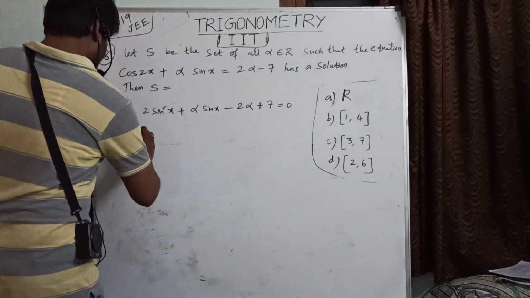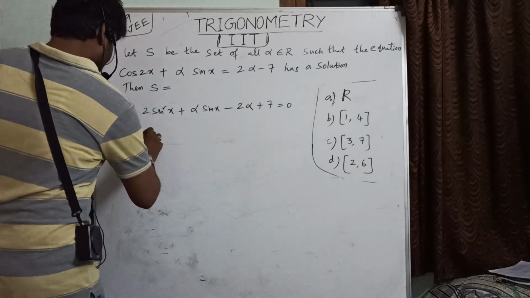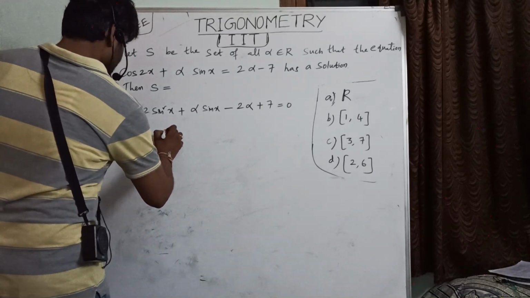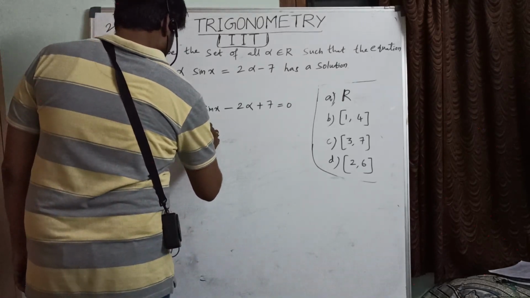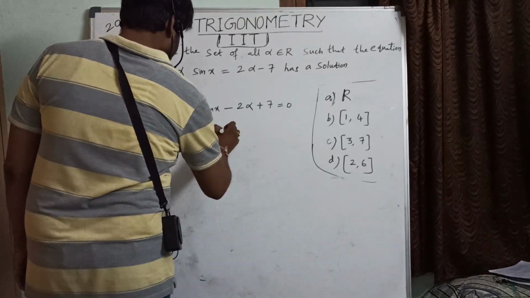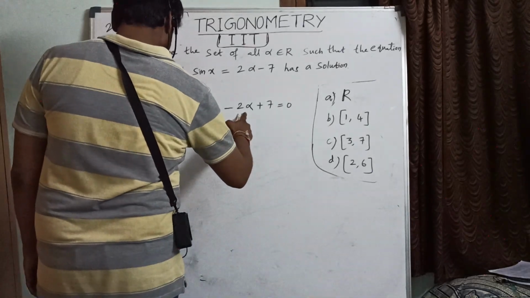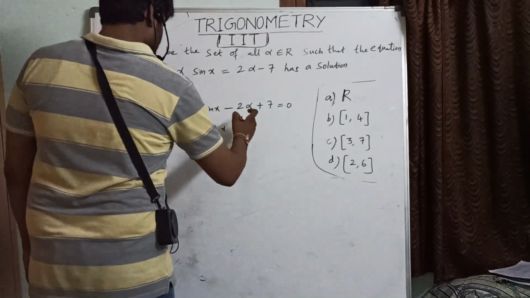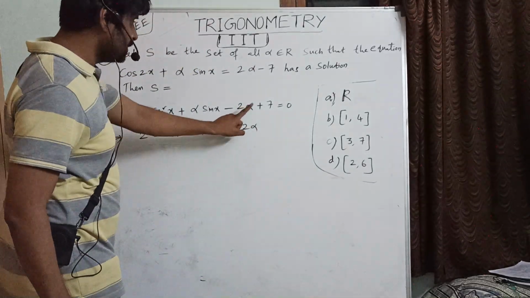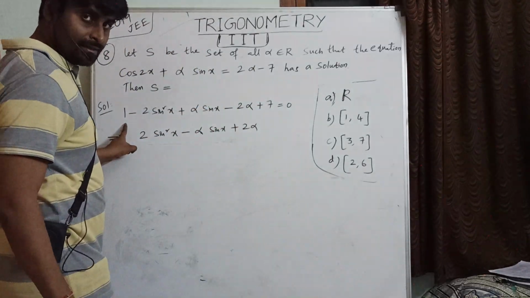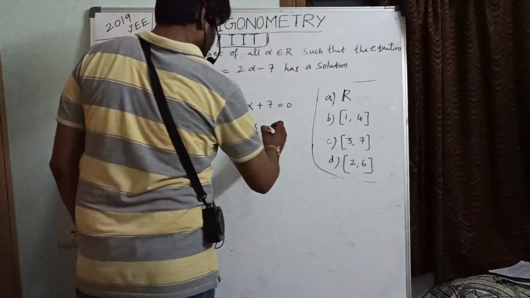I am taking minus common: 2 sin square x minus alpha sin x. So from this what can I get? Plus 2 alpha, because I am taking minus common, 7 plus 1 is 8, but if I take minus common, minus 8.